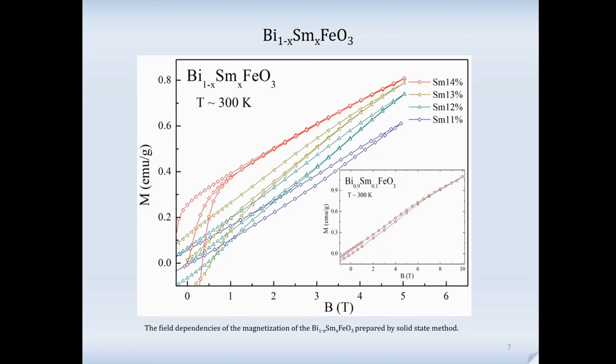So looking at this slide, I would say the rhombohedral state is characterized by nearly zero remnant magnetization, and the orthorhombic state is described by non-zero magnetization.